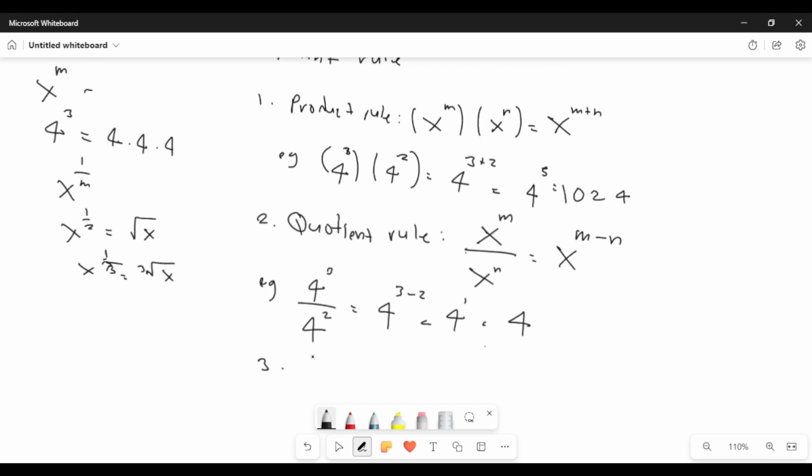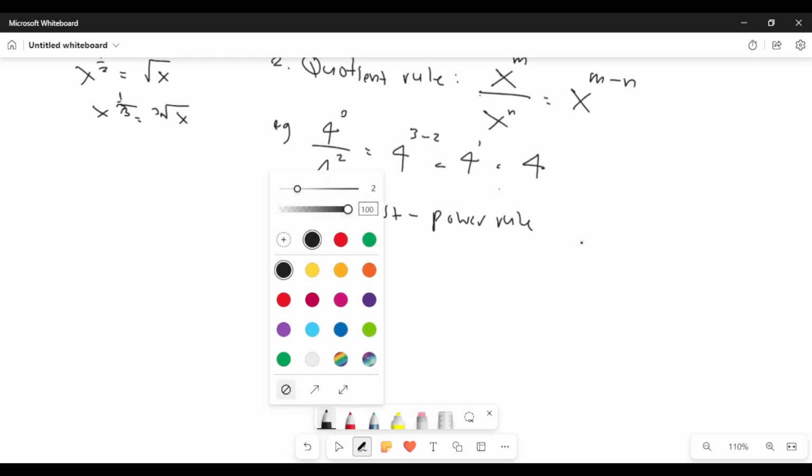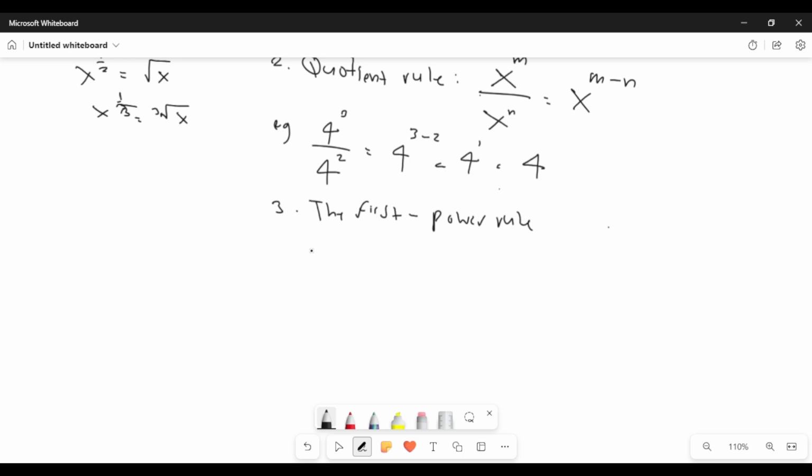The third rule is called the power rule. Here we will have x to the power of m raised to the n power. So we will have a bracket that has an exponent.